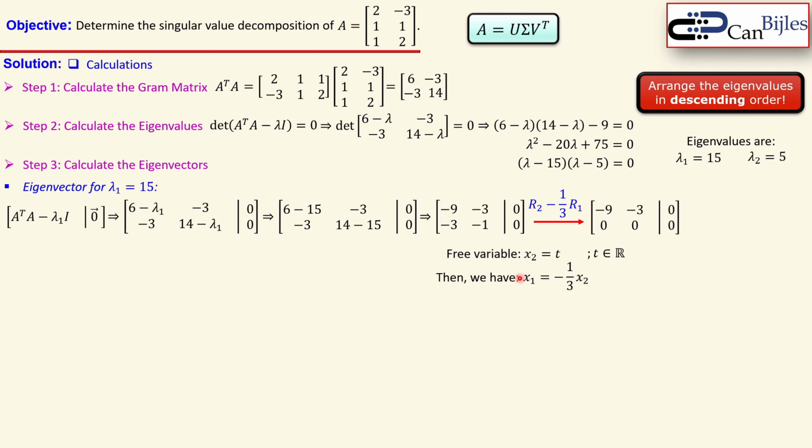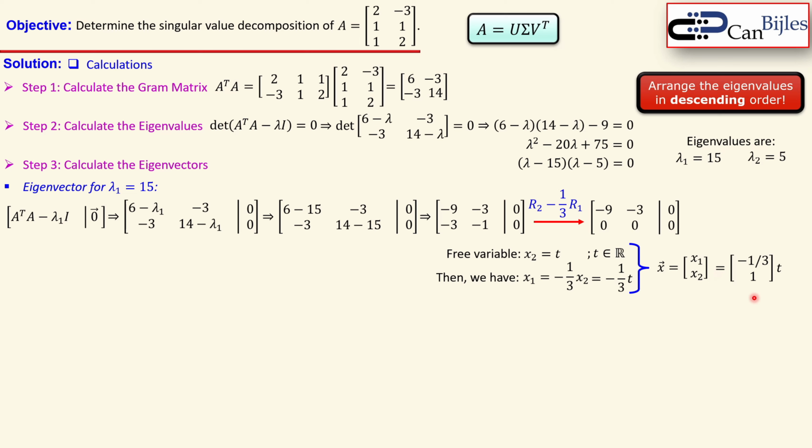So in effect, we can say x1 is equal to minus 1 over 3 times x2. But since x2 is a t, we can also say minus 1 over 3 times t. Now taking all this together as a vector, x1 and x2, that will be minus 1 over 3, 1, and you have the t outside your vector.